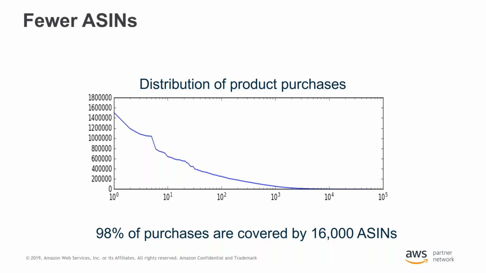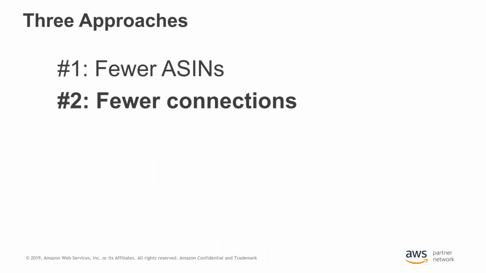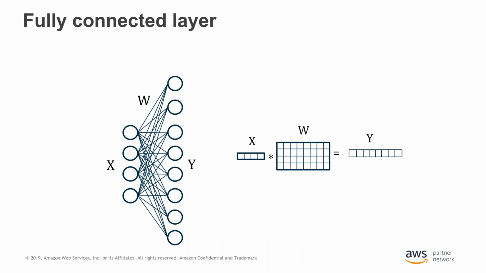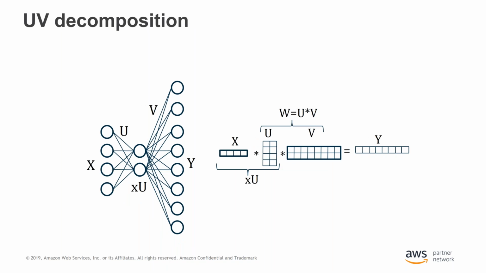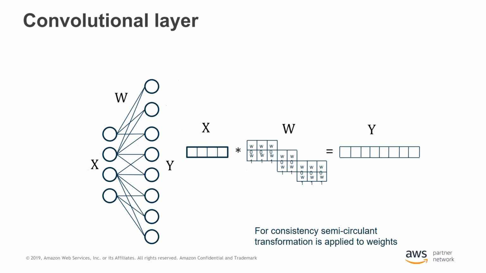So we reduced the number of products that we would cover, and as you can see from the chart here, we ended up picking about 16,000 products, which covered about 98% of the purchases. So putting that in a fully connected layer, using the basic matrix multiplication that we referred to earlier, we came up with some values that were good, but not completely satisfying.